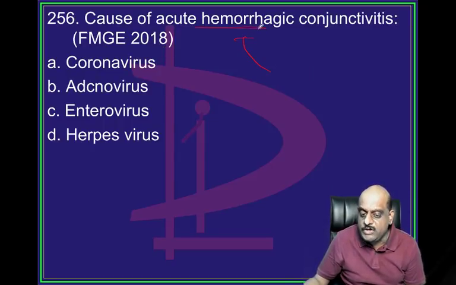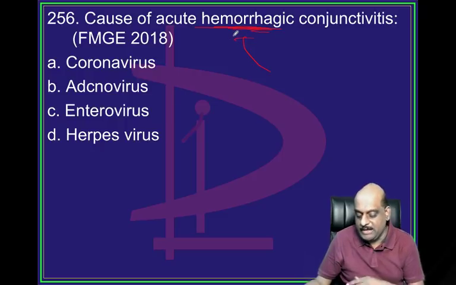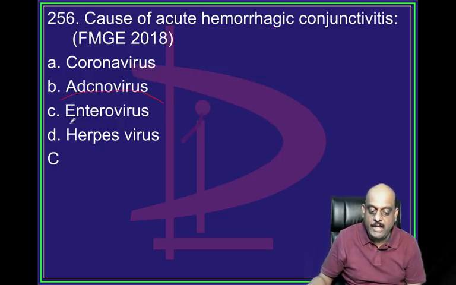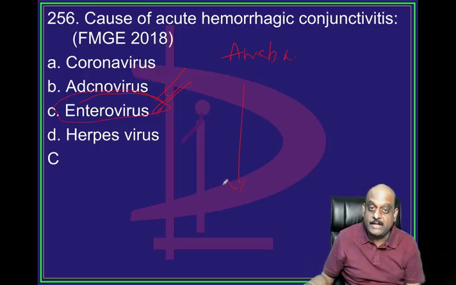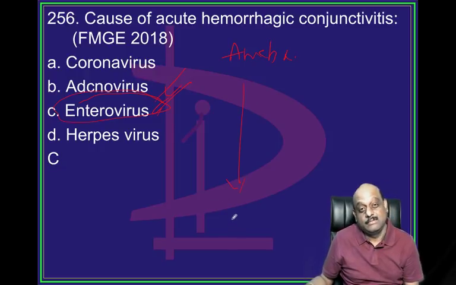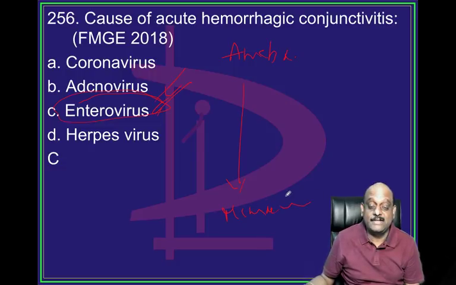Acute hemorrhagic conjunctivitis, biscuit question. Enterovirus. If we are getting such questions wrong, then we are in the amoeba stage of preparation and our competitors are in the mammalian stage, right?